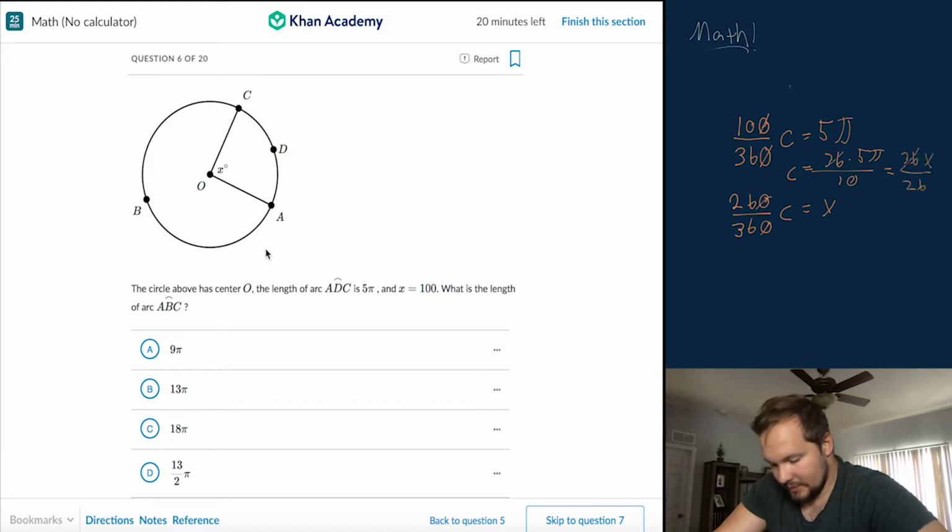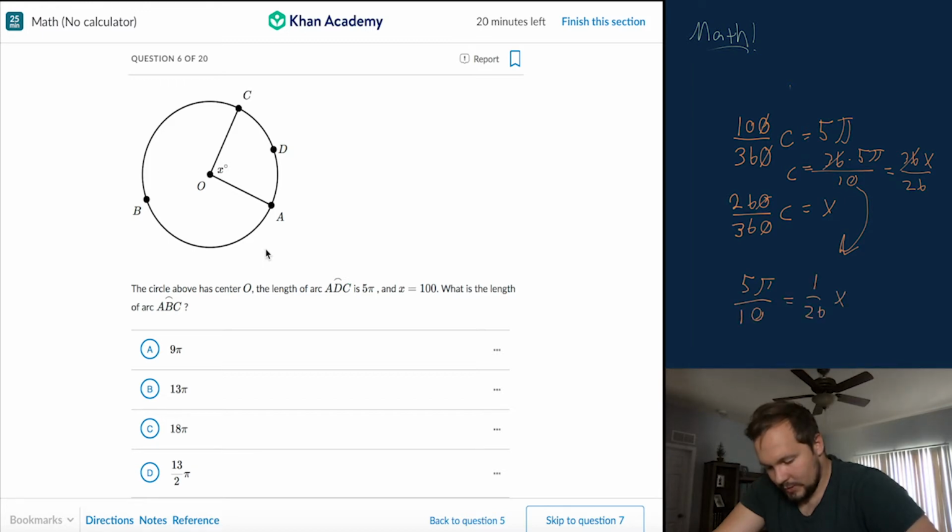And since we have the same values on both sides, we can cancel out the 36. And so we know that 5 pi over 10 equals 1 over 26 times x.